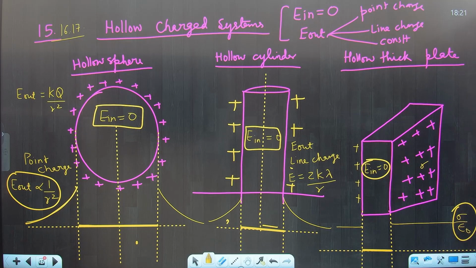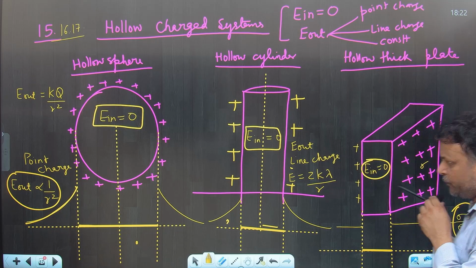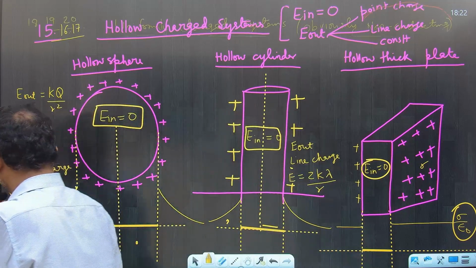So it is very important to understand that whenever a uniformly charged system is there, then any field, whether electric or magnetic or gravitational, everything will be 0 inside a uniformly charged system. So electric field is 0 inside this uniformly charged system, and for the sphere it will behave like a point charge outside, and for the hollow cylinder it will behave like a line charge outside, and for the thick plate it will be constant. So we will discuss next.